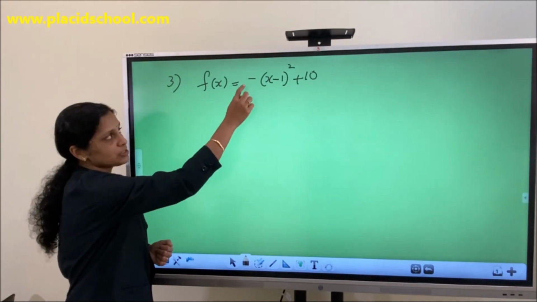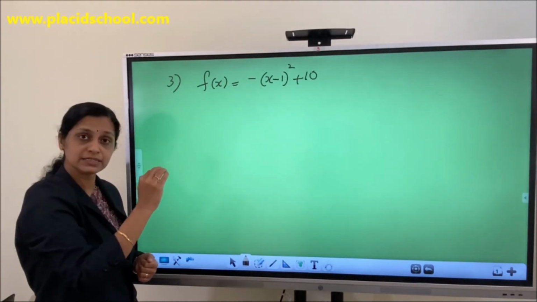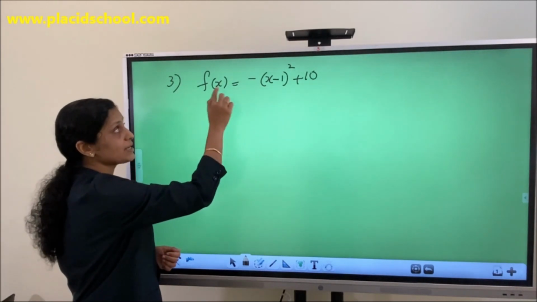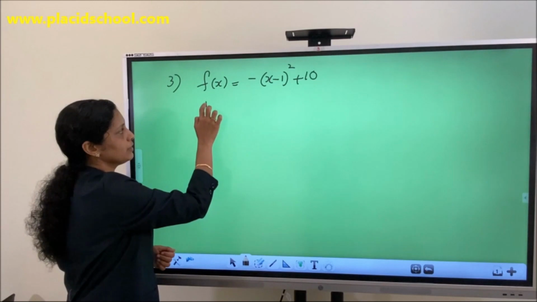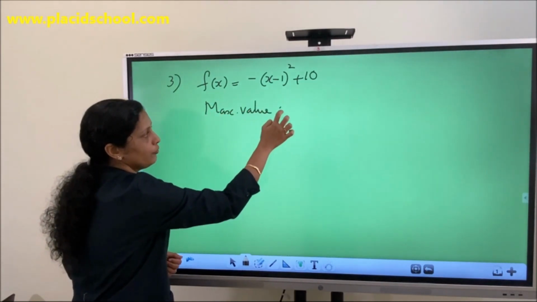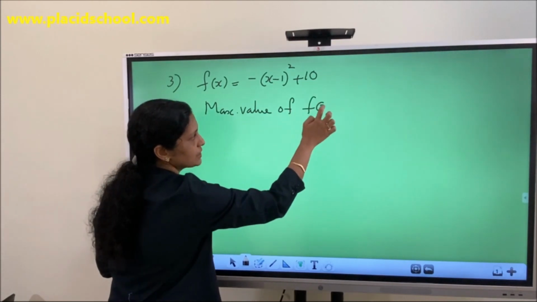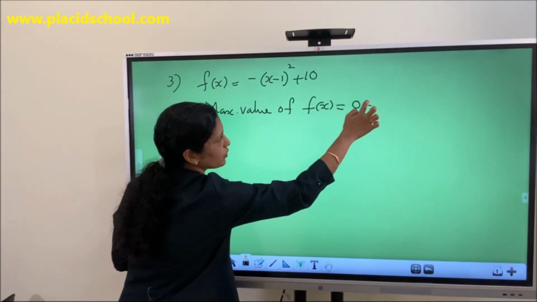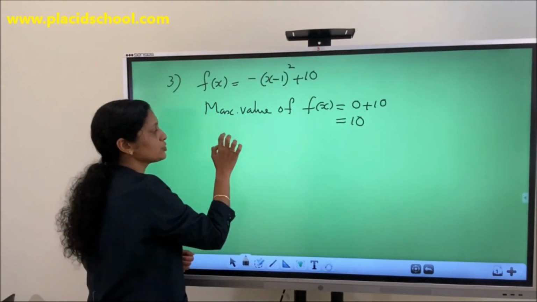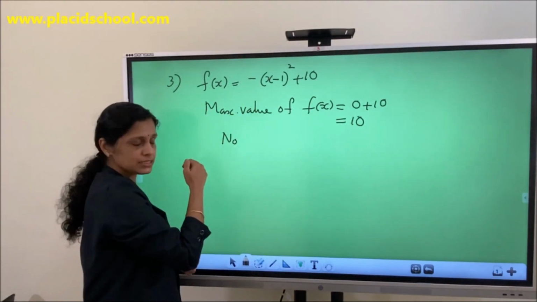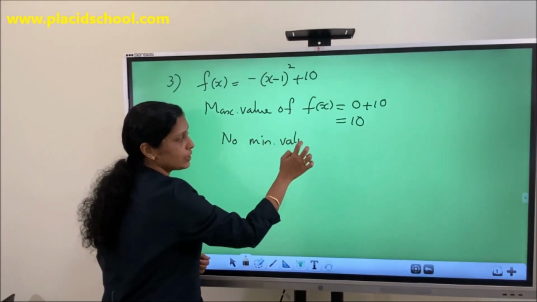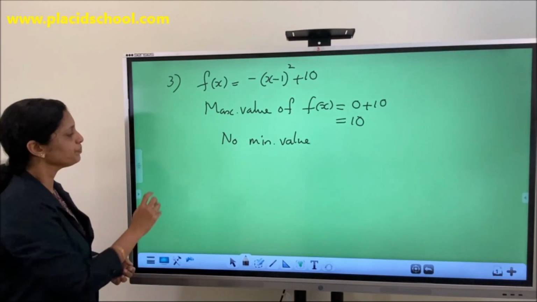But because of this negative symbol, it is 0 or a negative quantity. Therefore, 0 is the maximum value of this term. So the maximum value of f(x) is 0 + 10 = 10, and no minimum because it is decreasing. We cannot say anything about the minimum value of this function.